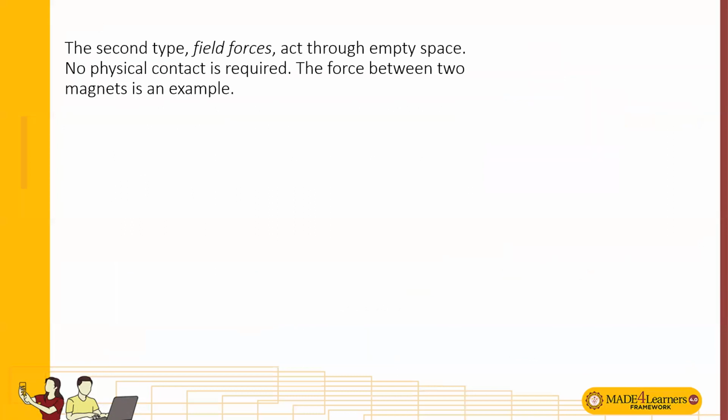The second type is one wherein no physical contact is required. It acts through empty space. So it's a field force, or a non-contact force. This is an example of this type of force. You know that there's something happening between the iron and a magnet. That's because of the field force.